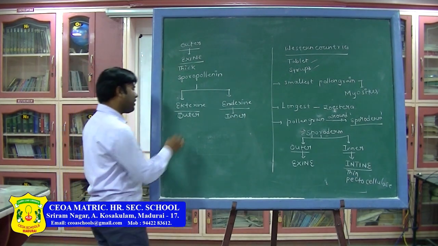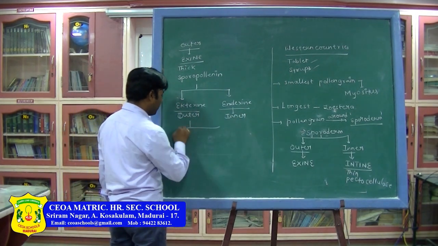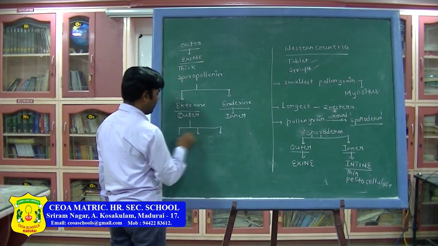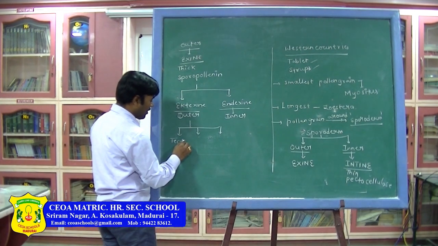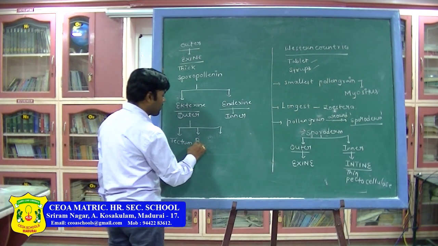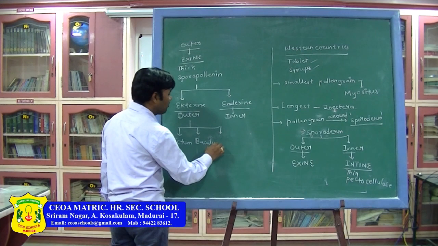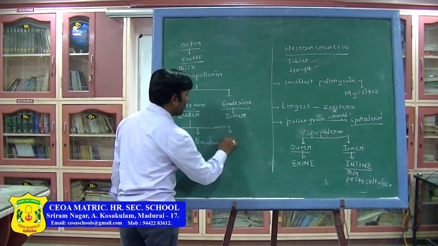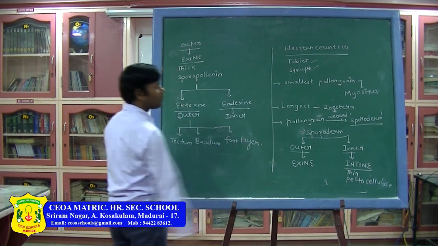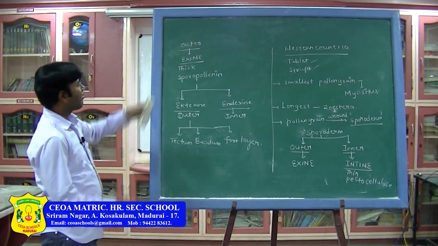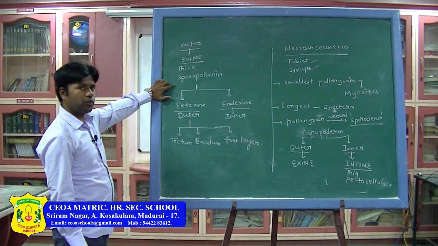Again, in the ectexine there are three layers present: the first layer is tectum, the second is baculum, the third is the foot layer. So, the exine is thick and made up of sporopollenin.